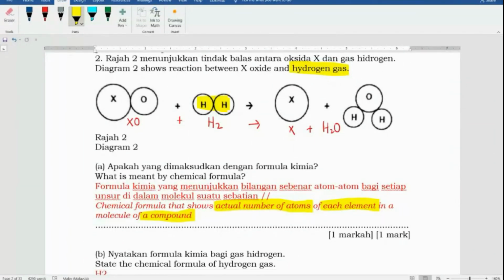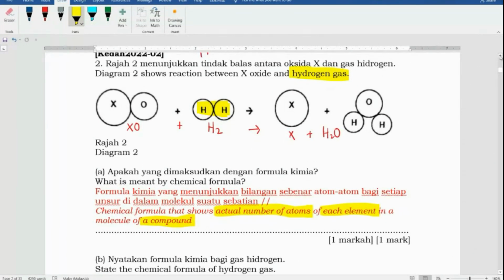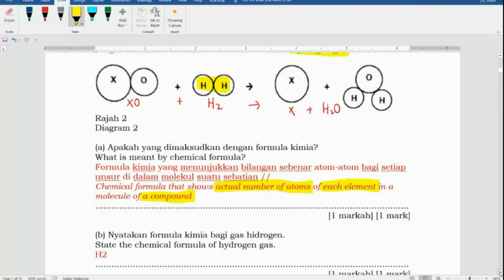So it shows the number of atoms for each element in a compound. So like this. What is the formula, Jerome? H2. Yes, H2, very good. H2, very simple, right?